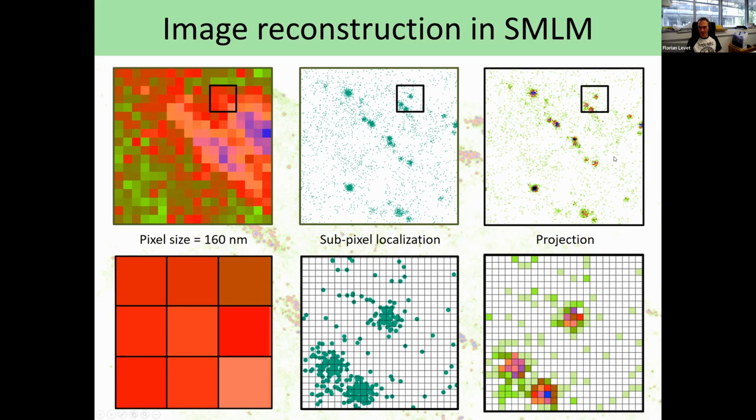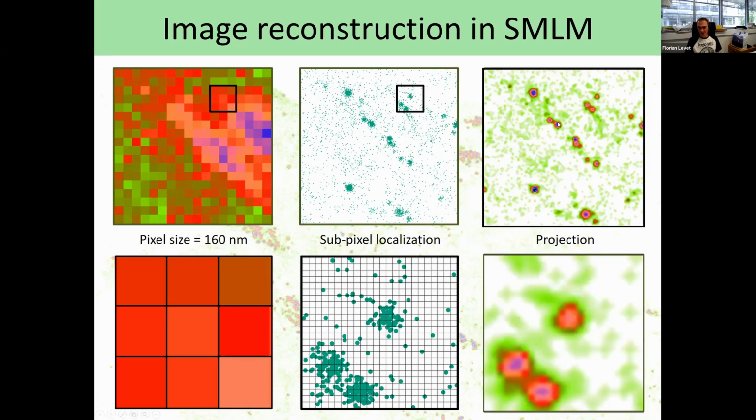So you can have this result here. Obviously, we can see that it's quite sparse because the localizations are sparse. So usually people were applying a Gaussian on these localizations, whose sigma is defined by the uncertainty in localization, and you end up with this kind of result, which is smoother and easier to segment and quantify.